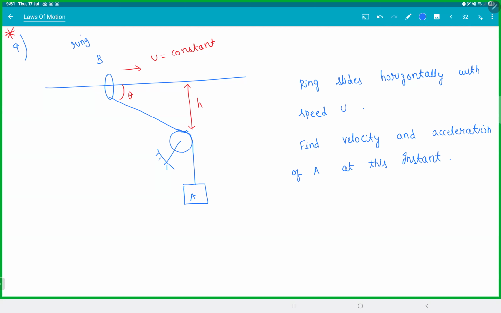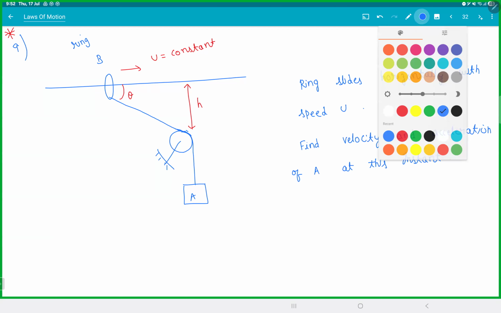Get the velocity part first, that is manageable. From the power method, you'll get it. Let's see how you do for acceleration. I'll give you one more like this, so you'll get used to this part. Velocity is easy. This will mostly be a more-than-one-choice question. This h here is anyway constant, so the height will not change.